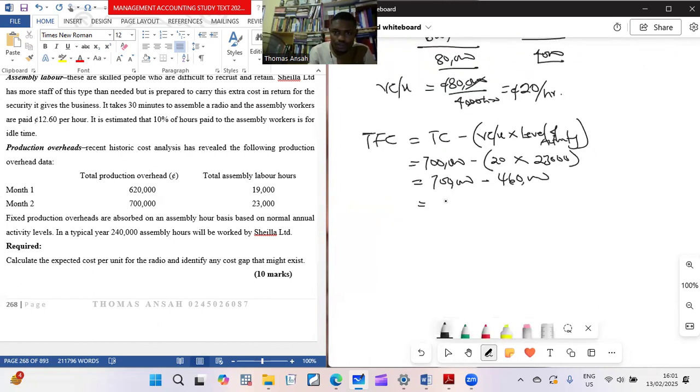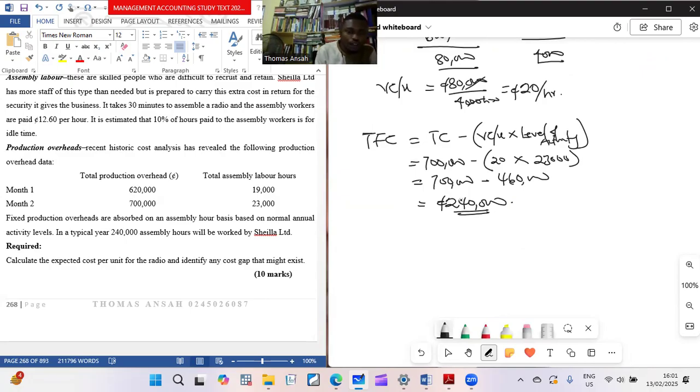Total fixed cost, 240,000. So here we go. So you have this. So you can now do your fixed cost out. You have your total cost, you have your fixed cost. And now the next thing is that we have used the high-low method to ascertain that.